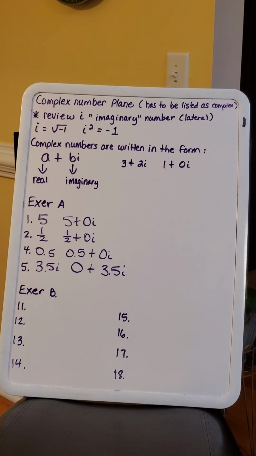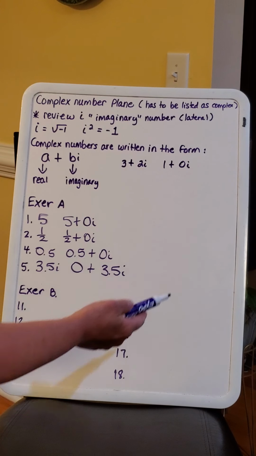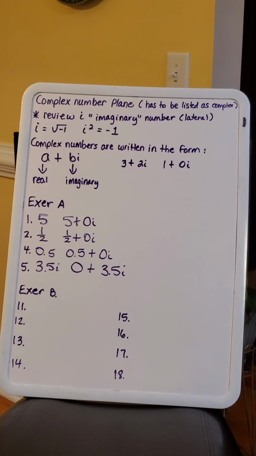Exercise B, they have a graph labeled with points, and what you're going to be doing is reading that graph. I don't really have a graph that you can see on this board, and I don't have a lot of space, so hopefully you're looking at exercise B in your book on page 407 and you see the graph to the right.